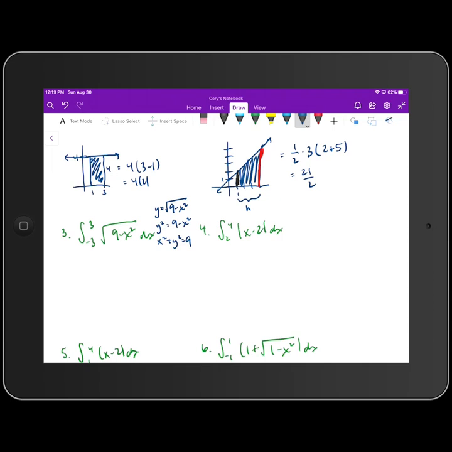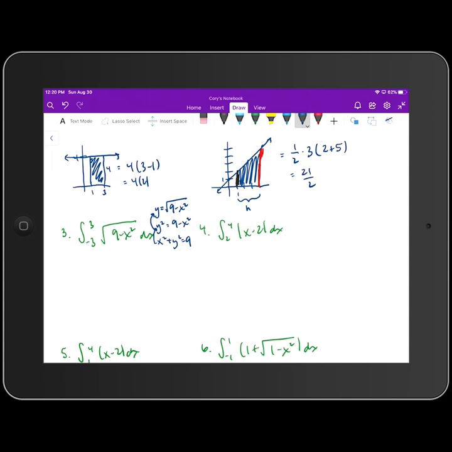Now, if we took that equation of the circle and worked backwards, so like going to this step and then to this step, going from the middle line to the top line, when you take the square root of both sides, y would be equal to plus or minus the square root of 9 minus x squared. So the positive radical there is going to be what gives you the top half of that circle of radius 3.